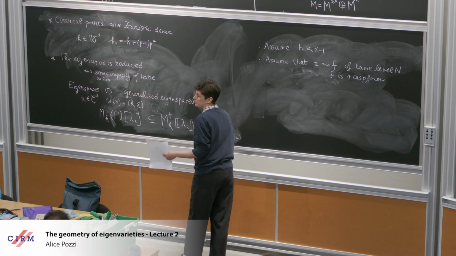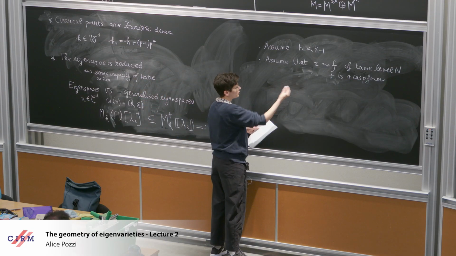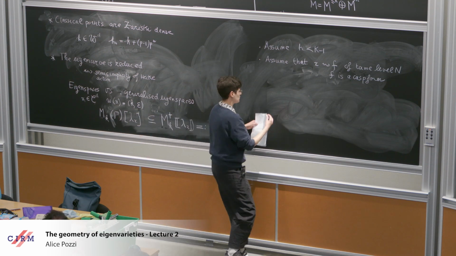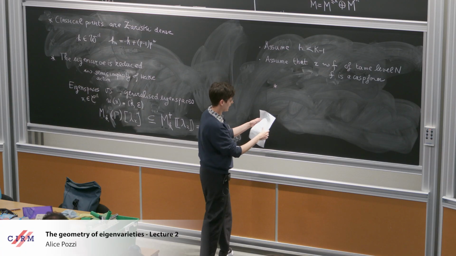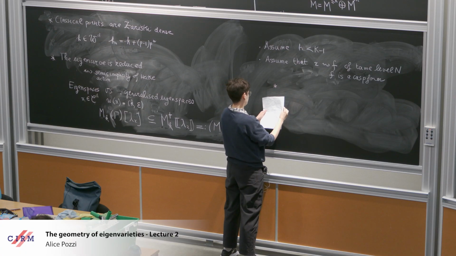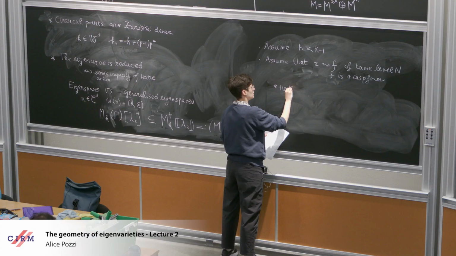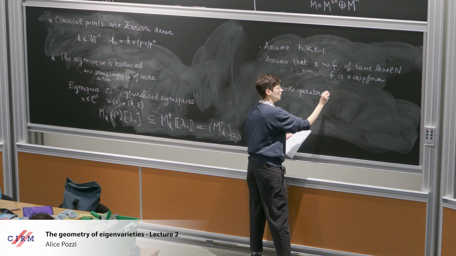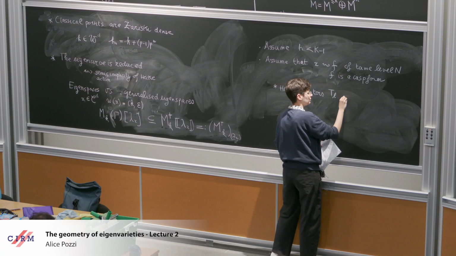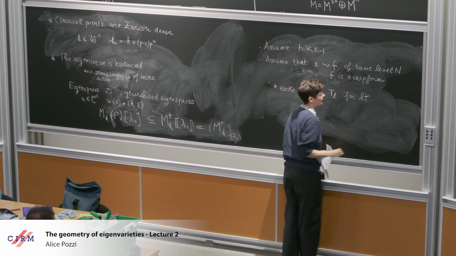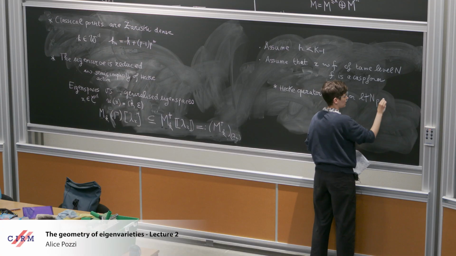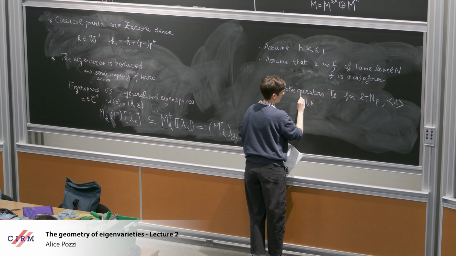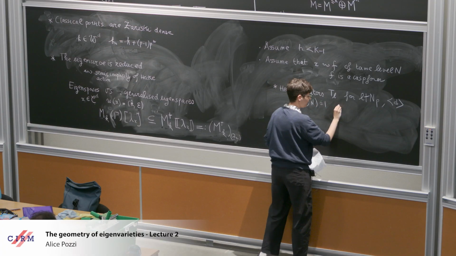under quite reasonable assumptions. So I'm going to look at the action of the Hecke operators away from p and at p. So if I look at the Hecke algebra, the Hecke operators T_l for l not dividing Np and the diamond operators <d> for d coprime to N act semi-simply.